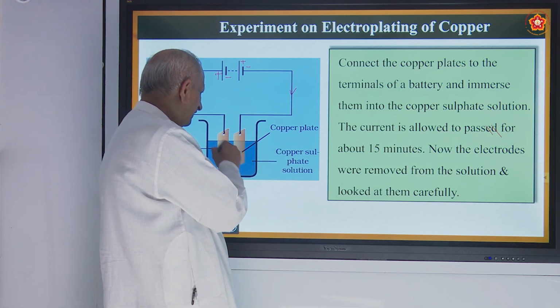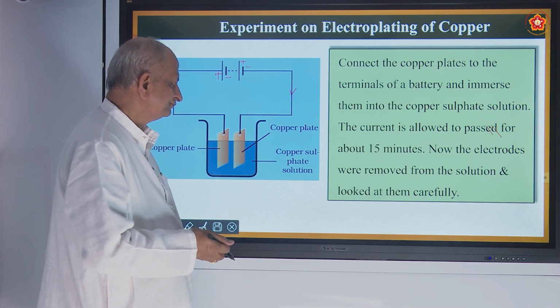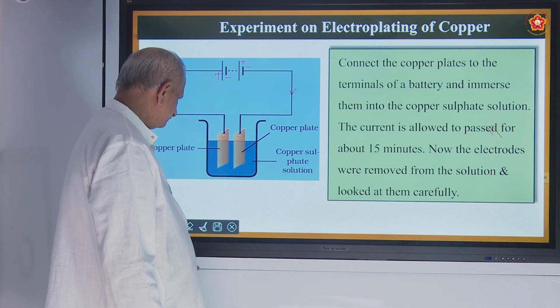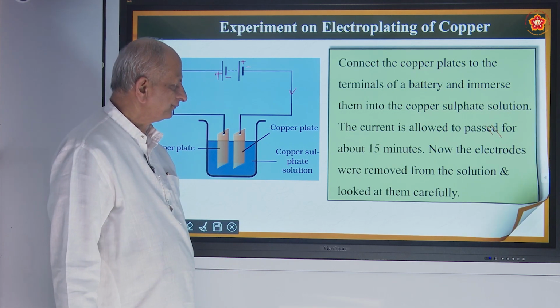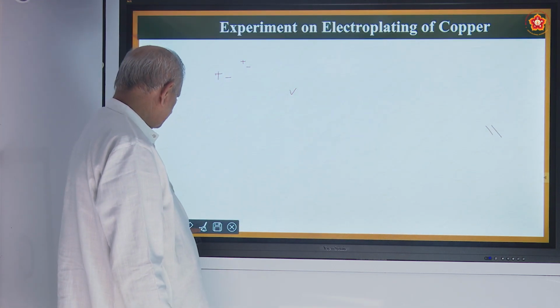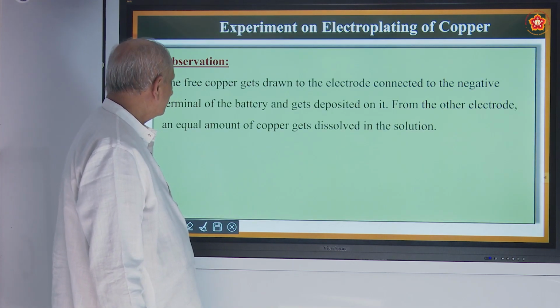So when current is passed, what happens? Copper ions start moving. And where do they go? They move towards the cathode. So what do you observe?